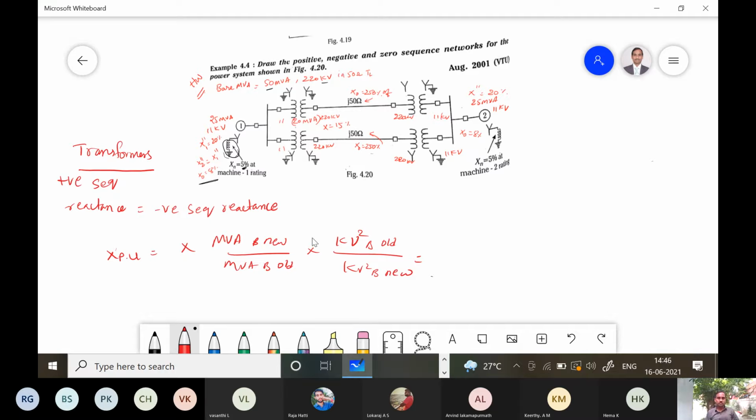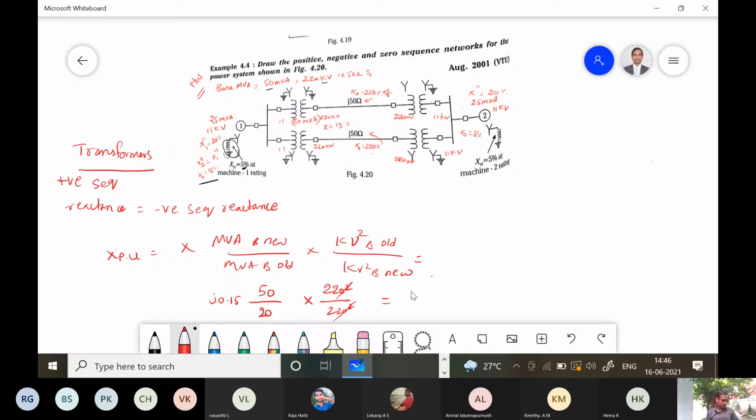For the transformer, 50 MVA, and X is equal to J0.15. 50 divided by the transformer rating, which is 20 MVA for all transformers. For kV, either HT side or LT side you can take; both are 220 kV square. 220 by 220 square gets cancelled.